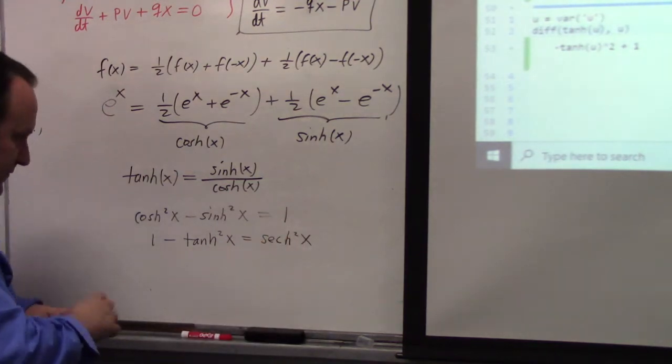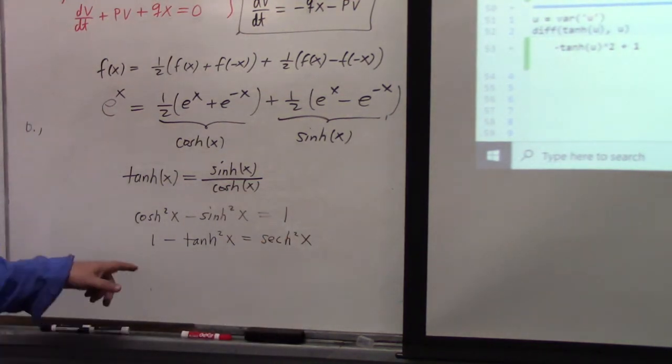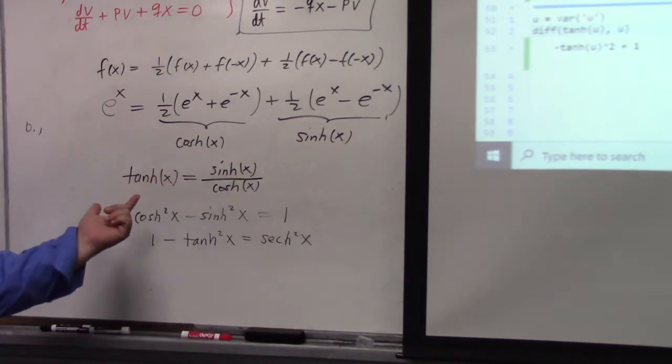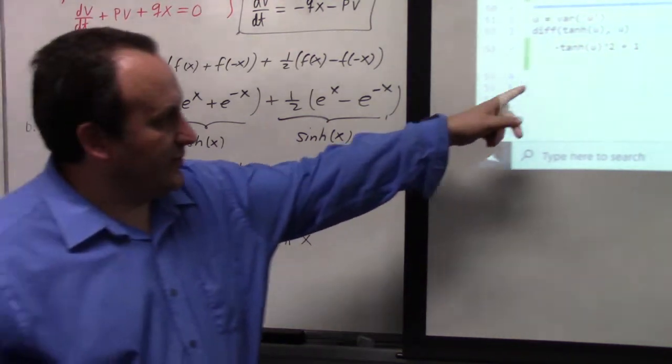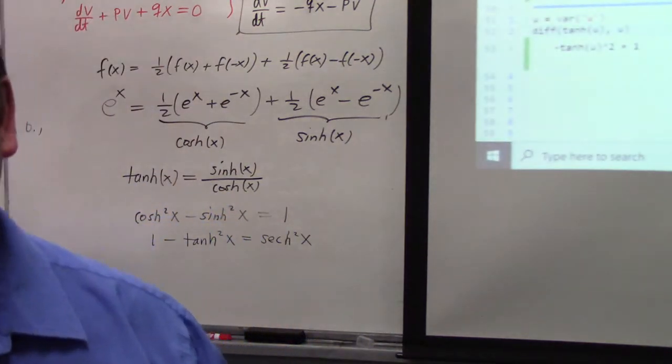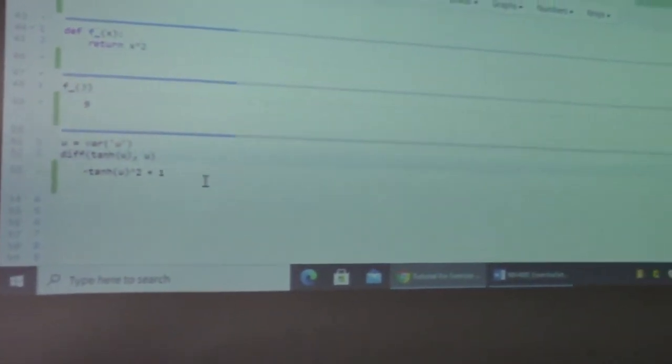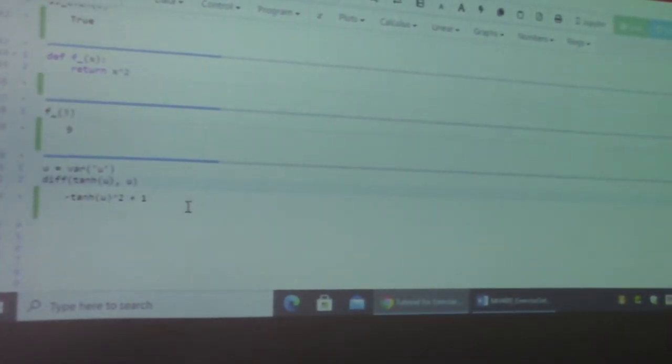So with that in mind, the answer that was just given was 1 minus tanh squared of u. This is hyperbolic secant squared. There might be a way to simplify with Sage. I don't know what that is right offhand.